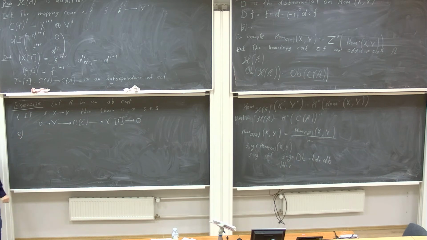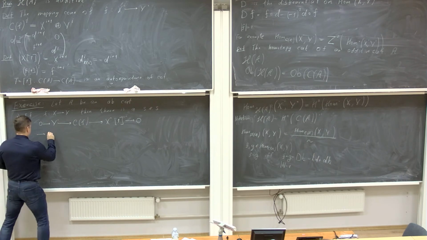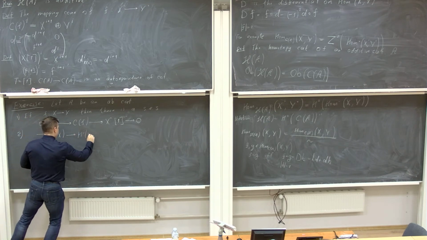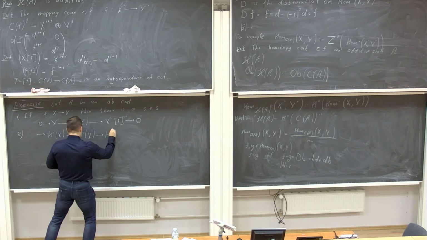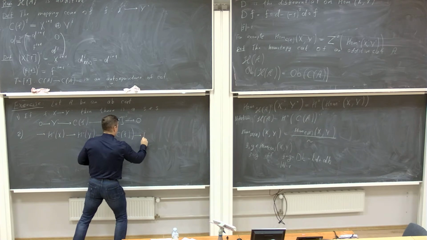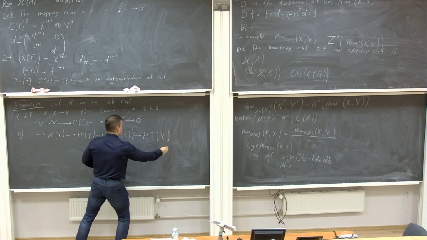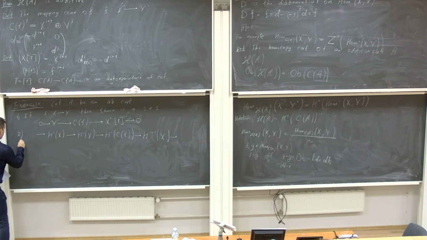The second part immediately follows from the first part: you have a long exact sequence of homology. And the third part immediately follows from the second part.